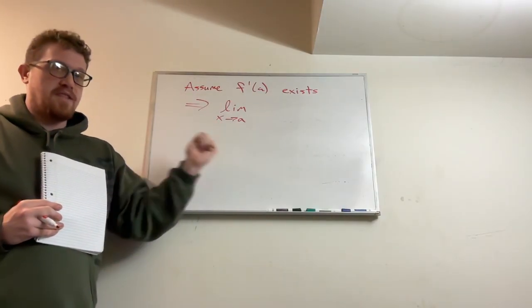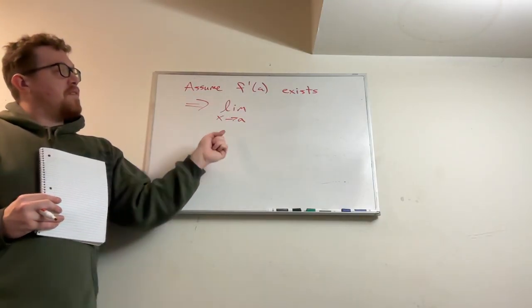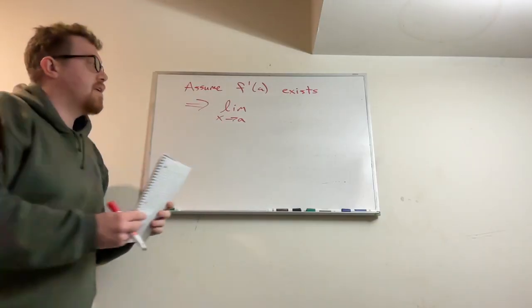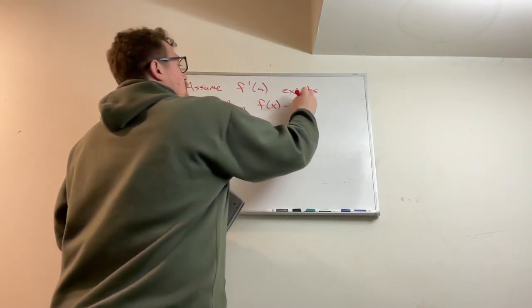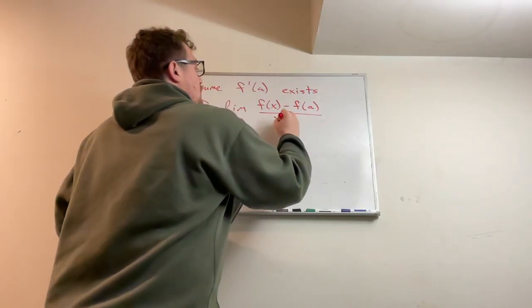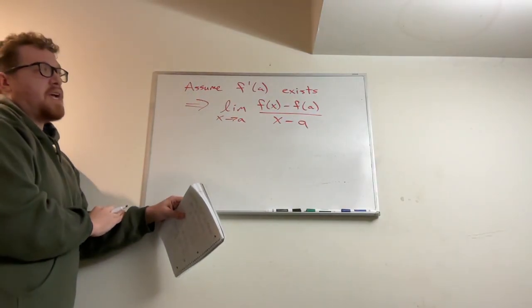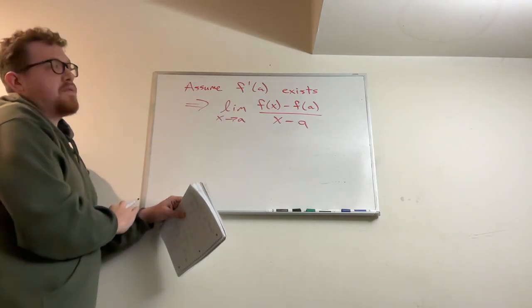It's just a translation. But so assuming that f prime of a exists means that the limit as x goes to a of f of x minus f of a over x minus a, where x minus a is what we used to call h before. So now we have f of x instead of f of a plus h.